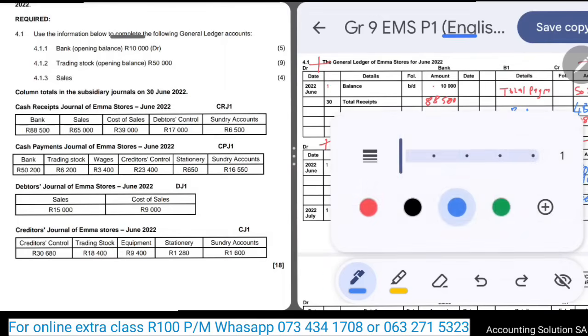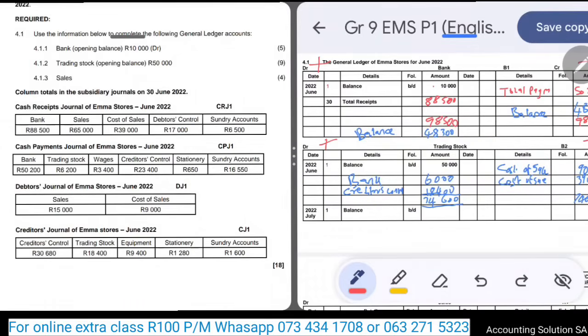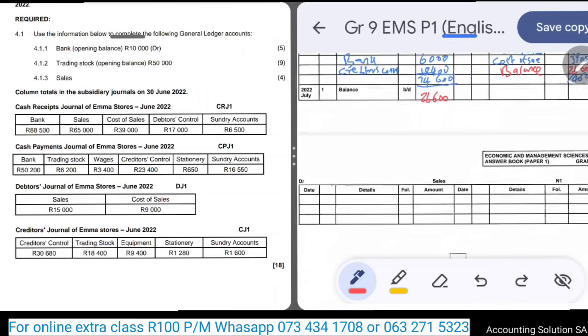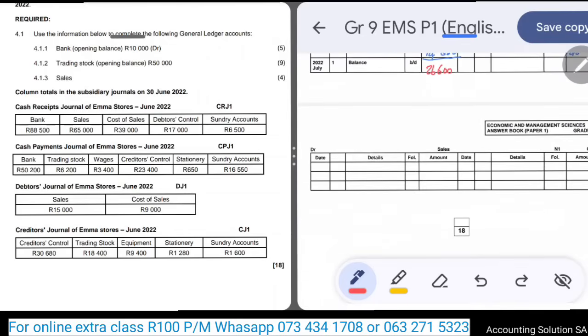Okay, now let's do the balancing figure. 74,600 minus 39,000 minus 9,000 is going to give you the balance here. You just subtract the two on top and it will give you 26,600. Simple.